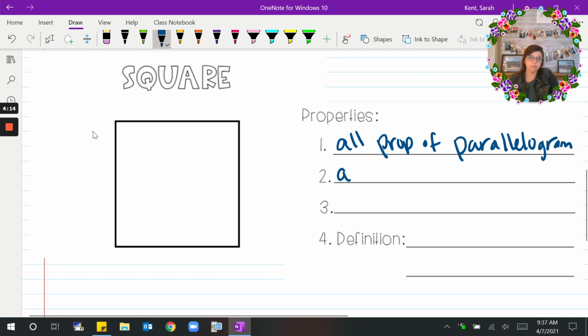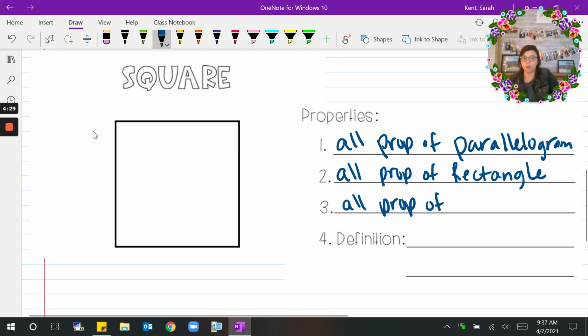He also has all properties of a rectangle. And he has all properties of a rhombus. So a square takes all 3 of those and puts it together.